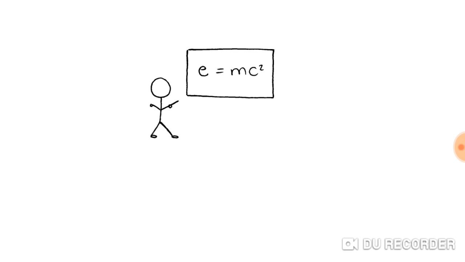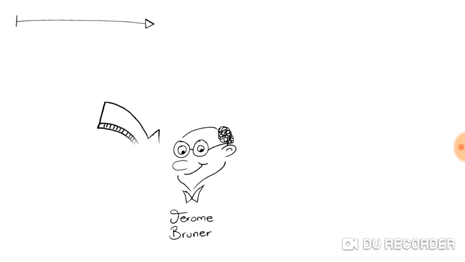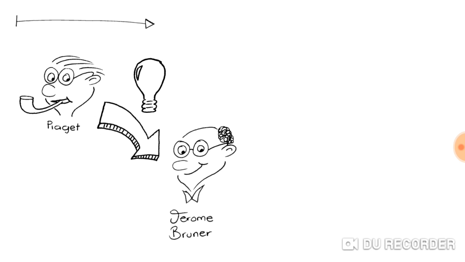He believed that any subject could be taught at any stage of development in a way that fits the child's cognitive abilities. At first, Bruner was influenced by Piaget's ideas about cognitive development in children.